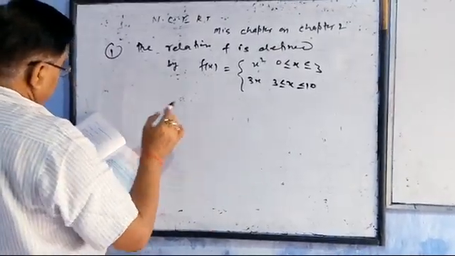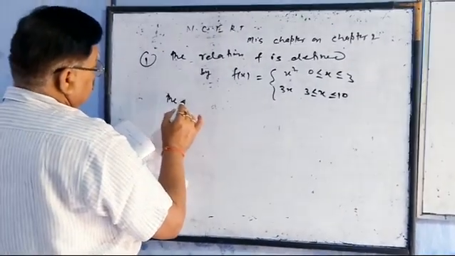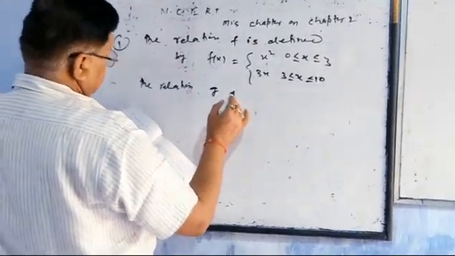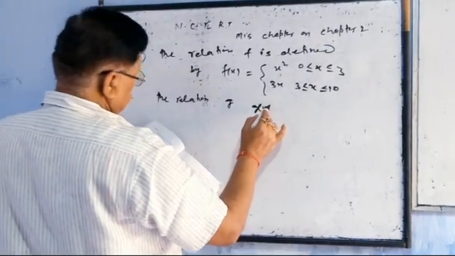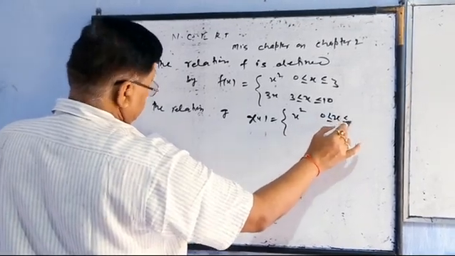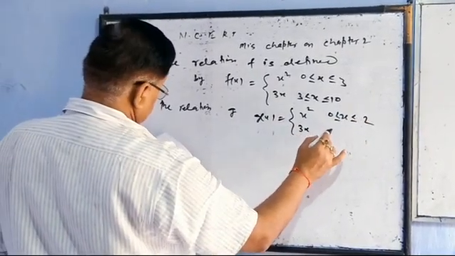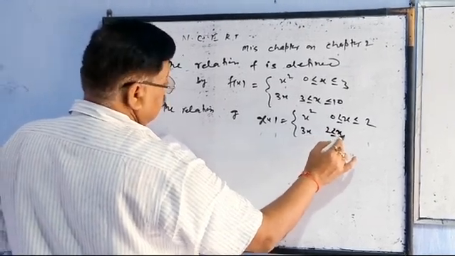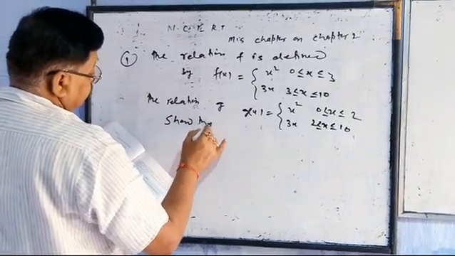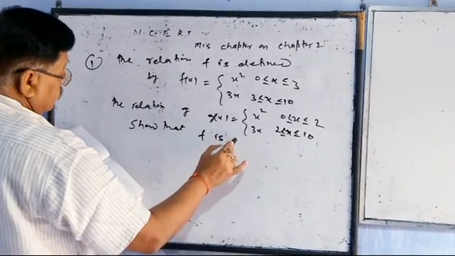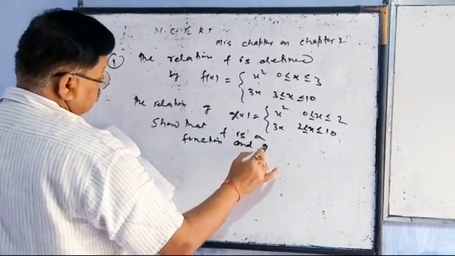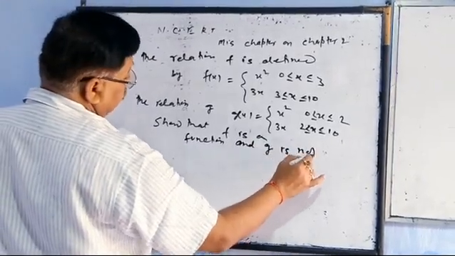And the relation g, g(x) = x square, x greater than or equal to 0 and less than or equal to 2, and 3x, x greater than or equal to 2 and less than or equal to 10, so that f is a function and g is not a function.